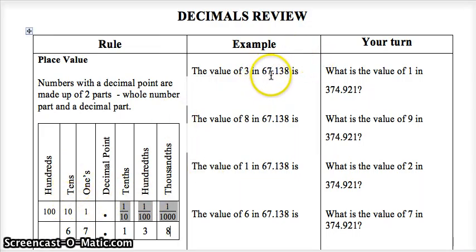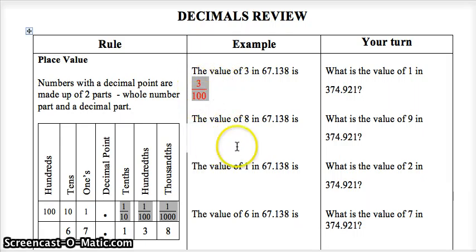The 7 is in the ones column. Then there's the decimal point. Then we've got the tenths column, the hundredths column, and the thousandths column. So the value of the 3 is 3 hundredths because it's in the hundredths column. So the value of the 3 will be 3 over 100, or 3 hundredths.